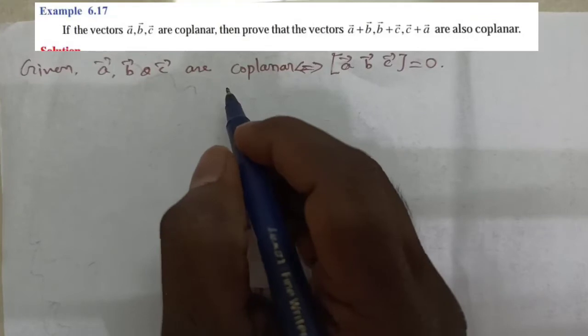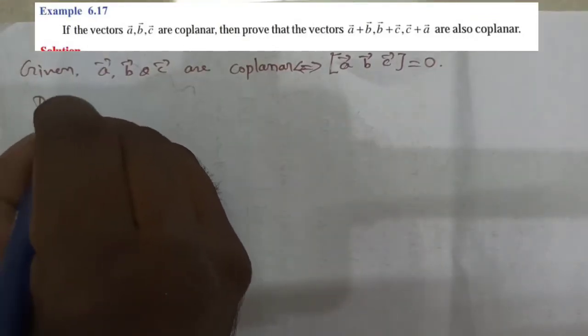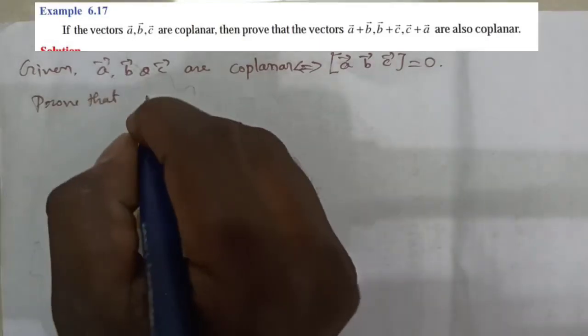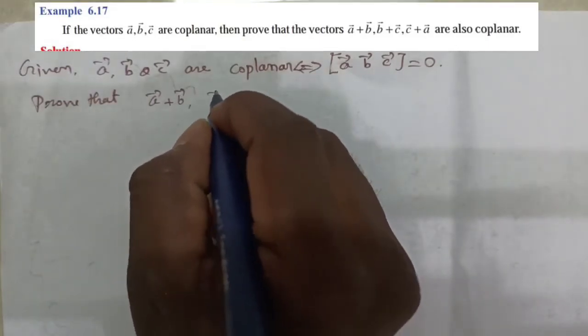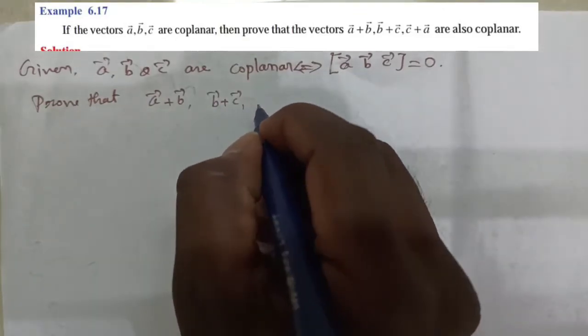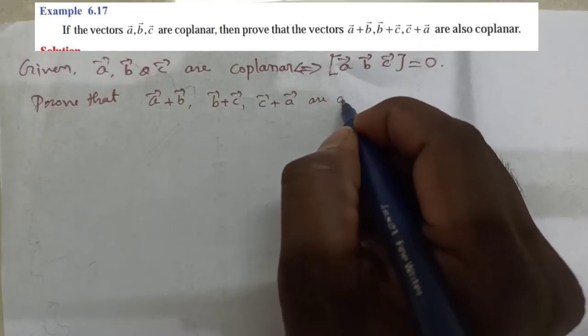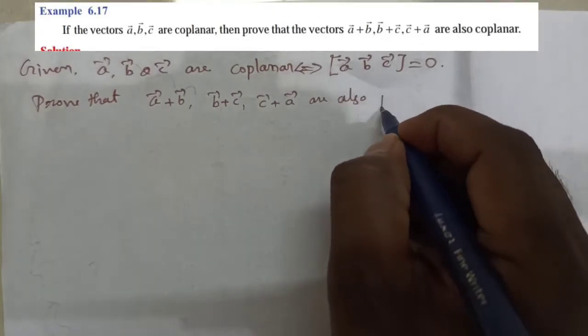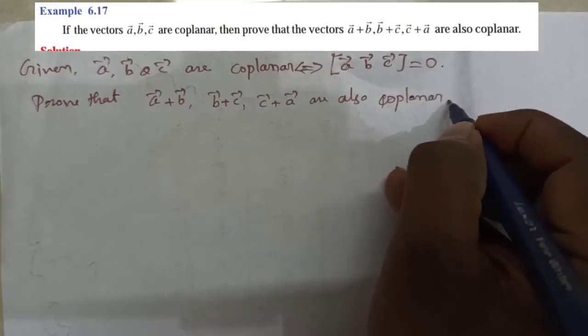Okay, we have to prove that A plus B, B plus C, C plus A are also coplanar.